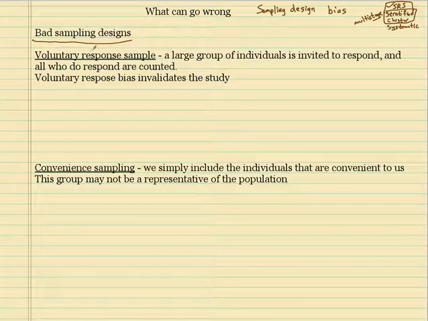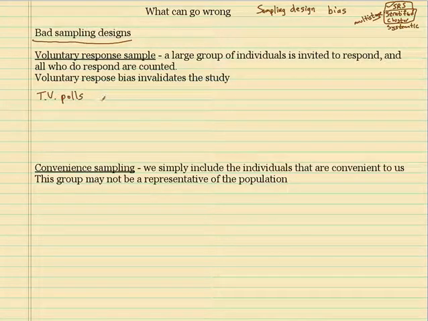Okay, so let's talk about a couple of bad sampling designs. Voluntary response sample. This is when you take a voluntary sample, and it's basically just a large group of individuals invited to respond, and all that who respond are counted. You see this a lot on TV polls.